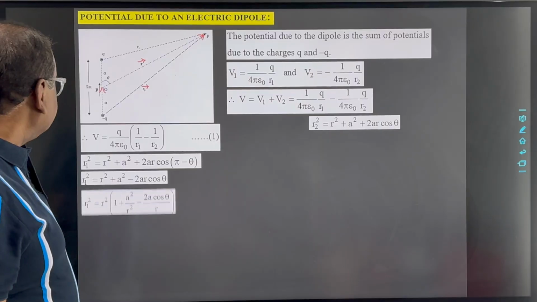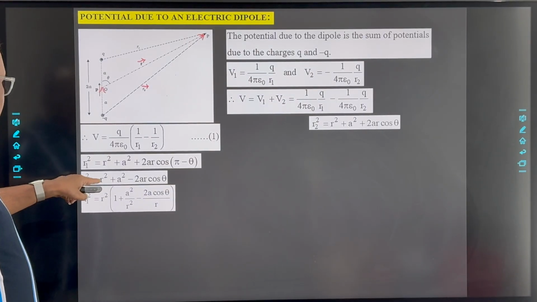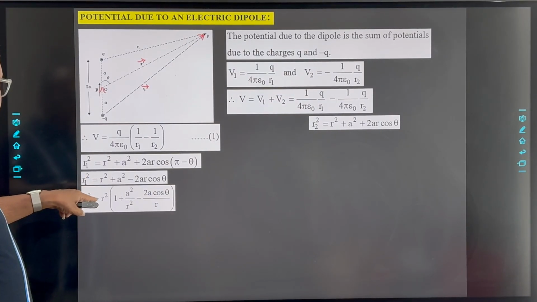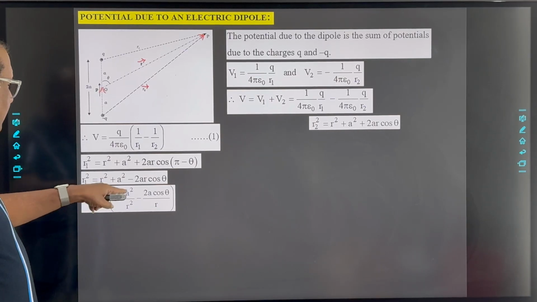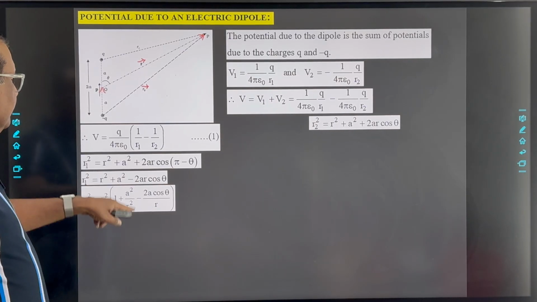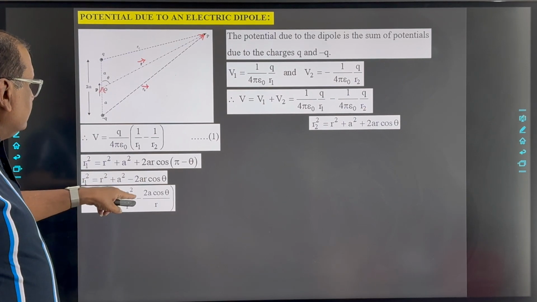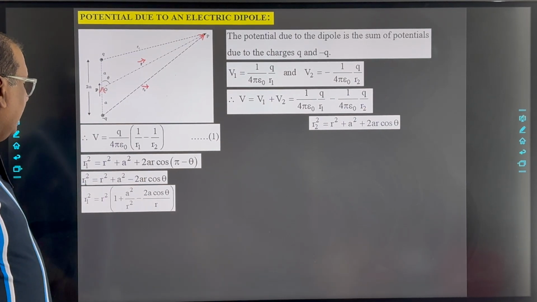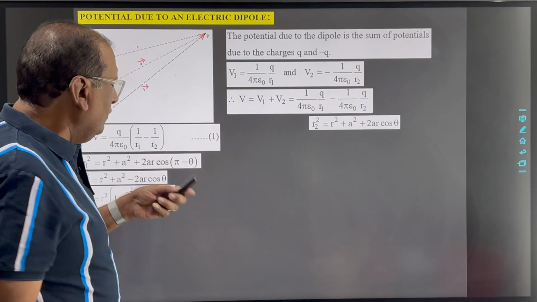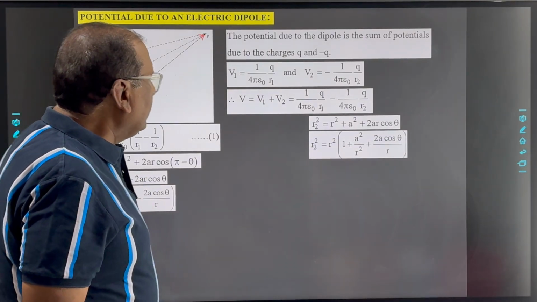Now see here, take R square common. So R1 square is equal to R square into 1 plus A square upon R square minus 2A cos theta by R. Similarly here also you can take R square common.